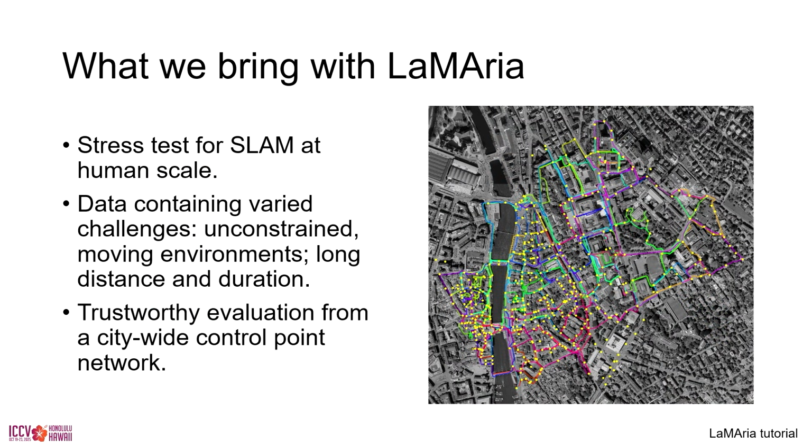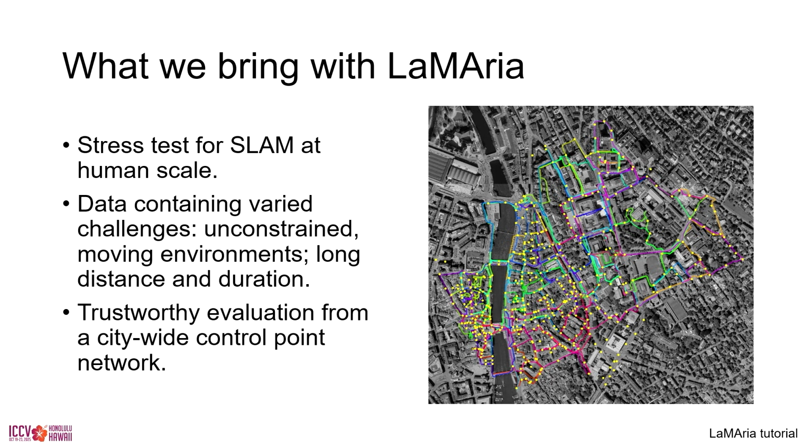And so really what we want to do is stress test SLAM at human scale and for wearable devices. We argue that wearable devices have different challenges and constraints than typical robotics, drone, and vehicle systems. The motions are much more random and have a lot of different dynamics, so it's important to also test on those scenarios as they become more and more relevant.